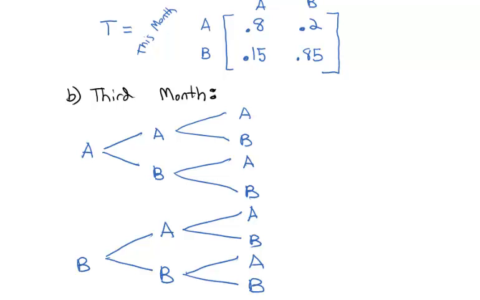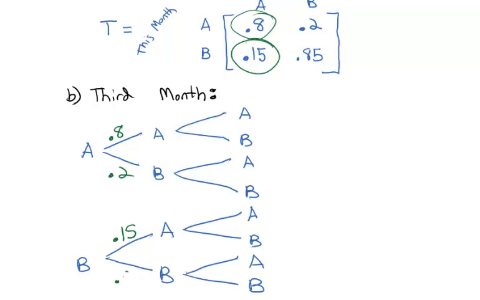And we can assign probabilities to each of these branches using our matrix up above. Going from A and staying with A happens 0.8 of the time. So from A to A is 0.8. From A to B is 0.2. Similarly, B to A happens 0.15 of the time.